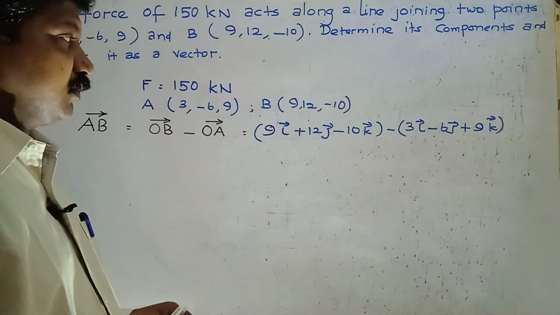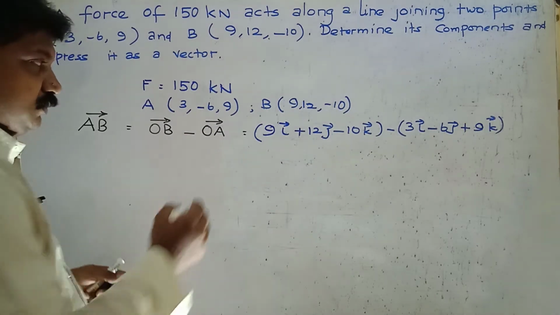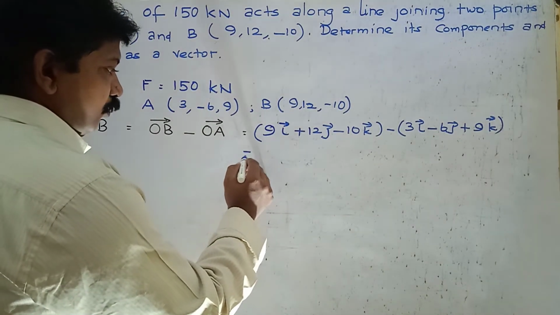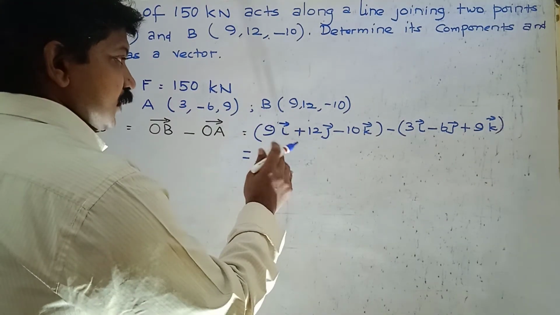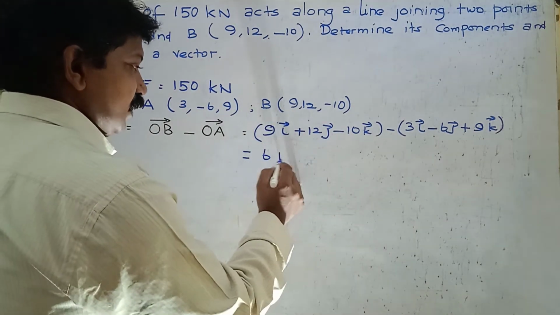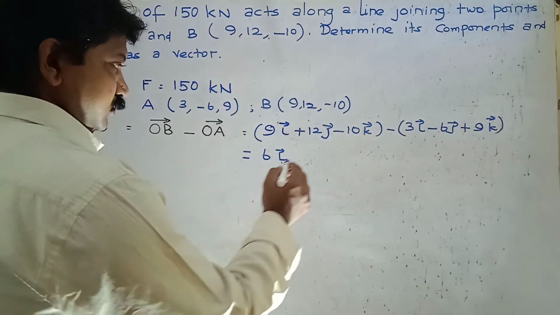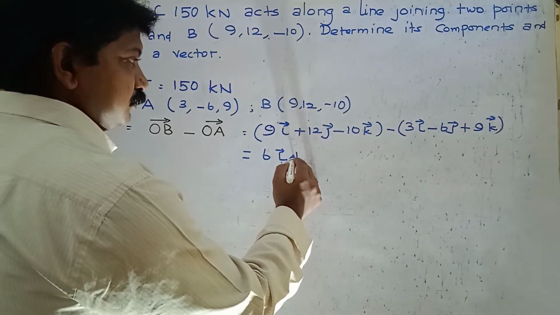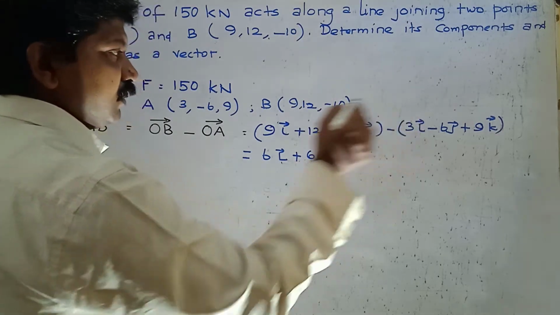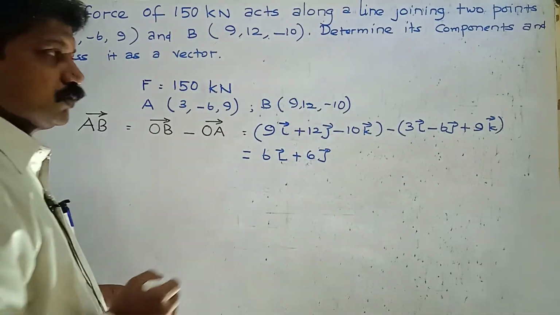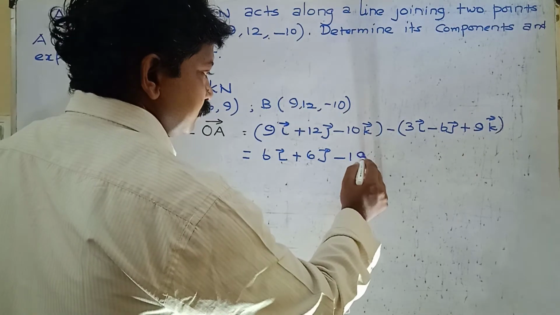So subtract the components of two vectors. 9 minus 3, 6I vector, plus 12 minus of minus 6, that is 18J vector, minus 10 minus 9, so minus 19K vector.